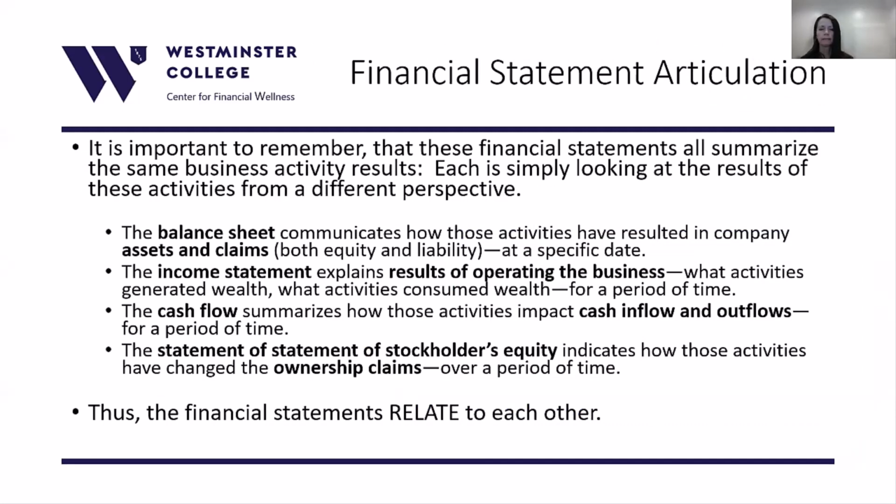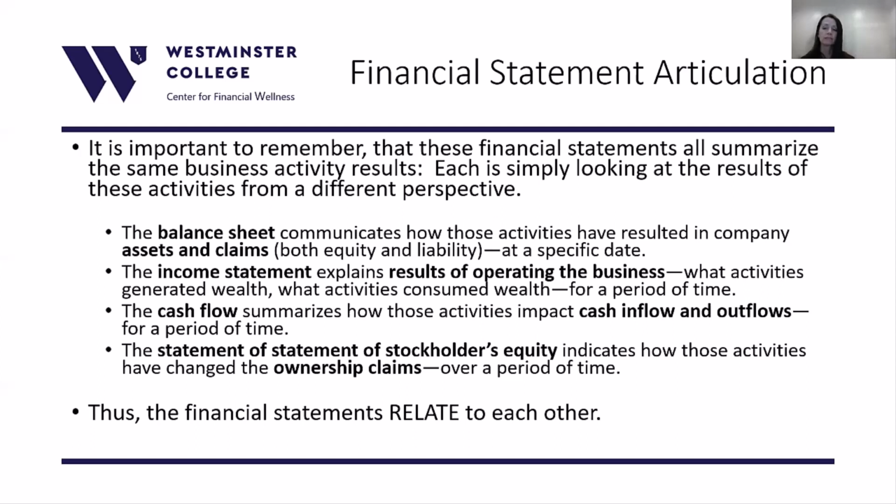Okay, it's really important to remember that these financial statements are all summarizing the same business activity results. Each is simply looking at the results of these activities from a different perspective. The income statement explains results of operations of the business, what activities generated wealth and what activities consumed wealth.